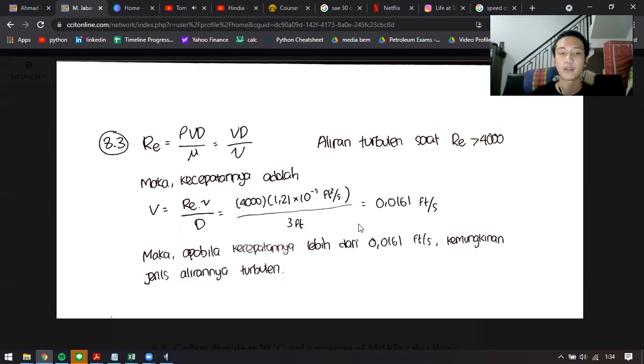So if the speed of the flow is more than 0.0161 feet per second, the flow is possibly turbulent and not laminar.